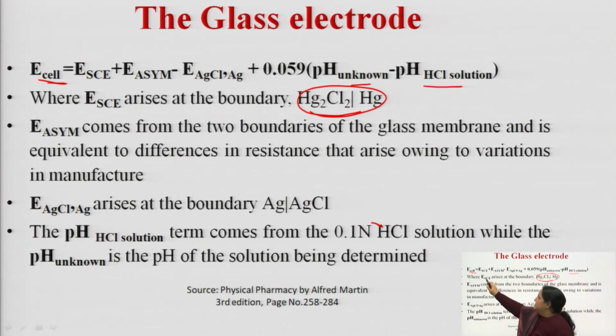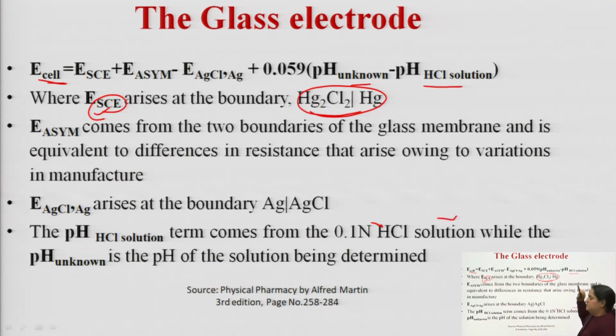So, E_SC is the standard calomel electrode, the reference electrode, and this potential E_SC is due to the potential of this reference electrode.